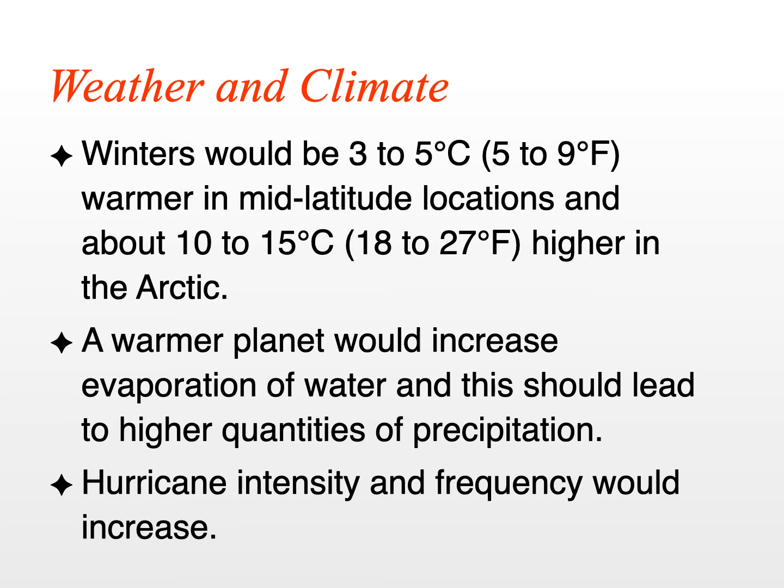A warmer planet would increase evaporation of water, and this should lead to higher quantities of precipitation. Precipitation should increase in the future along the equator and in the middle to high latitudes. Hurricane intensity and frequency would increase. We're already seeing more intense hurricanes, not necessarily more frequent.